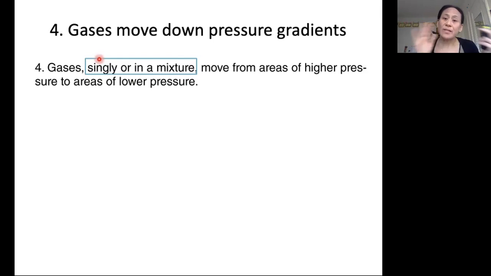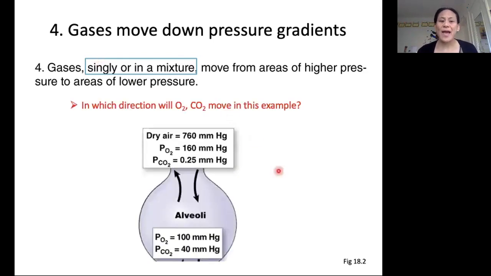Okay, so to illustrate this concept, let's take a look at this situation right here. Okay, so what we're looking at is the air in the lungs, the alveoli. And then out here, we have the air in the atmosphere. In the atmosphere, we have a PO2 of 160 millimeters of mercury and a PCO2 of 0.25 millimeters of mercury.